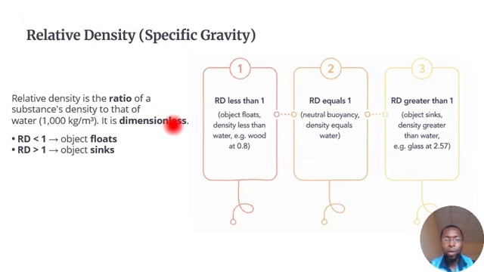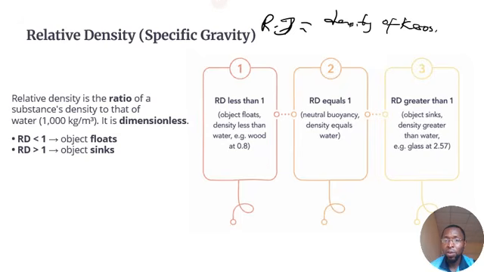By formula, relative density, which most times we represent with RD, equals density of, let's say it is kerosene, the density of kerosene over density of water.